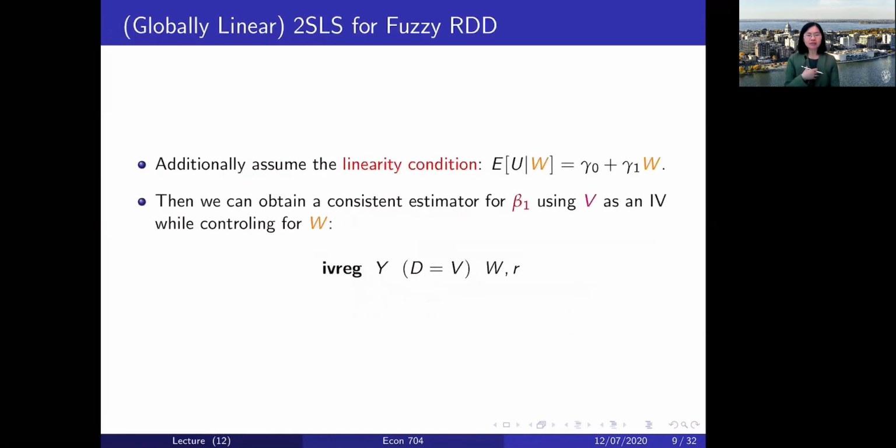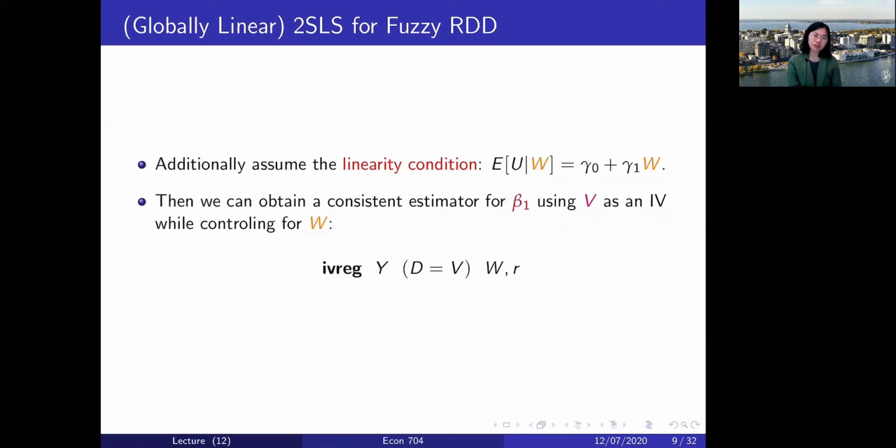Now, because it satisfies the conditional exogeneity assumption and conditional relevance, if we also assume that E[U given W] is linear in W, then from what we learned in the last lecture, we know we can consistently estimate the causal effect beta 1 of D using V as instrument and W as control.